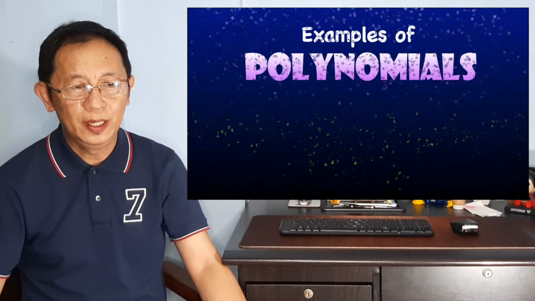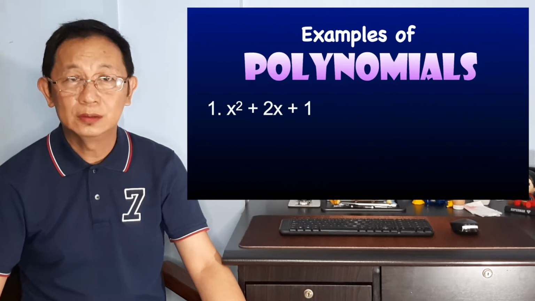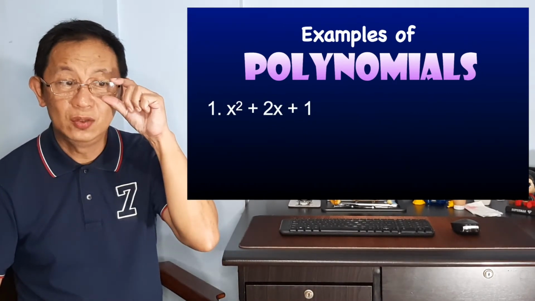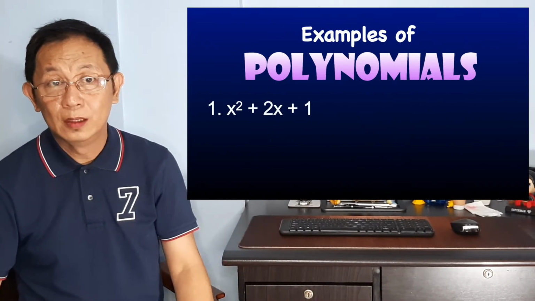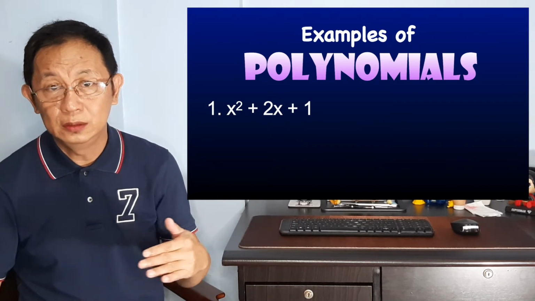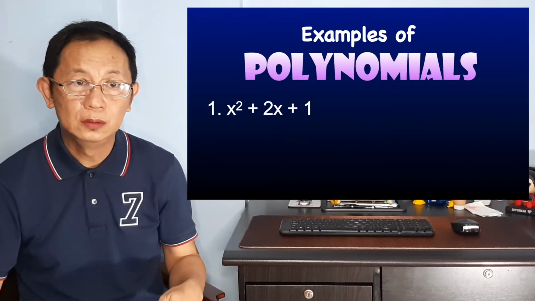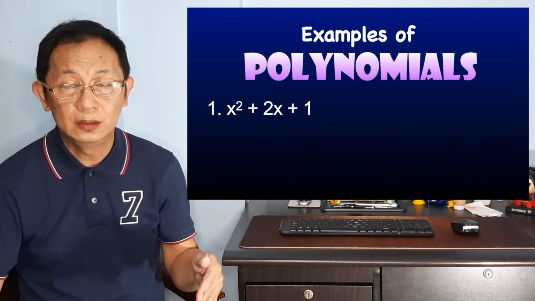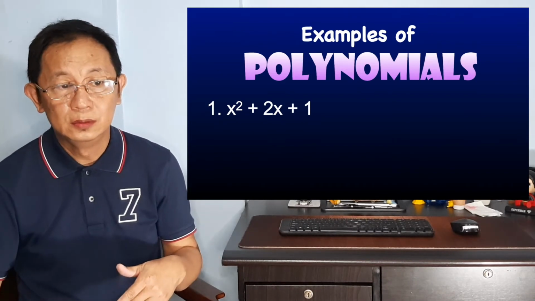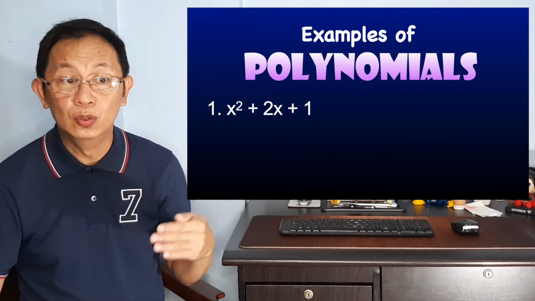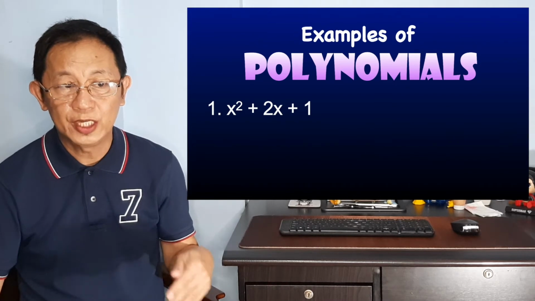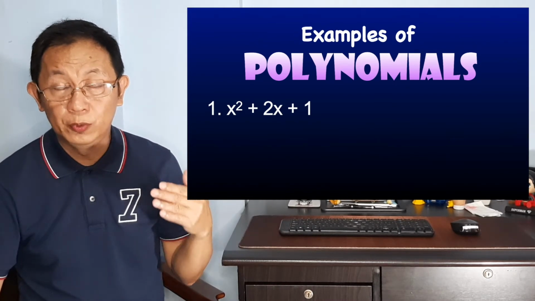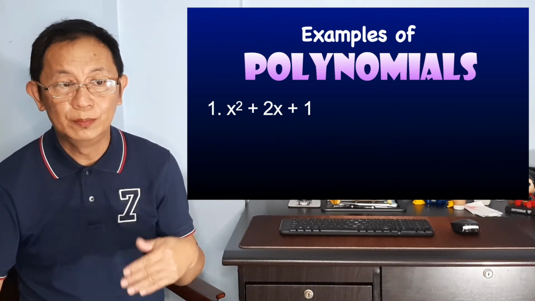1, x squared plus 2x plus 1. So, wala tayong makikitang denominator na variable or divisor na variable. Lahat ng exponents, whole numbers. So, yung x squared, 2 ang exponent, 2 is a whole number.